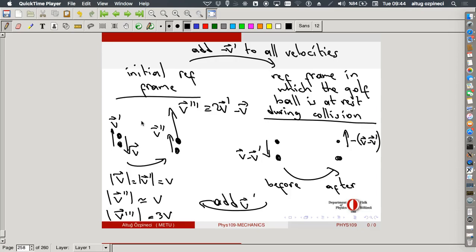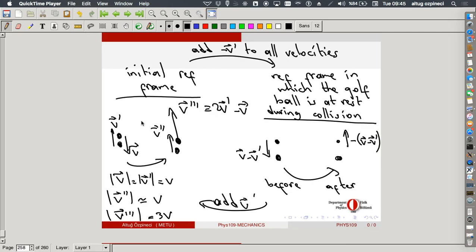If the tennis ball is moving down and the golf ball is moving up, the new velocity of the tennis ball will be negative v minus negative v prime, where v represents the velocity of the tennis ball and v prime represents the velocity of the golf ball.